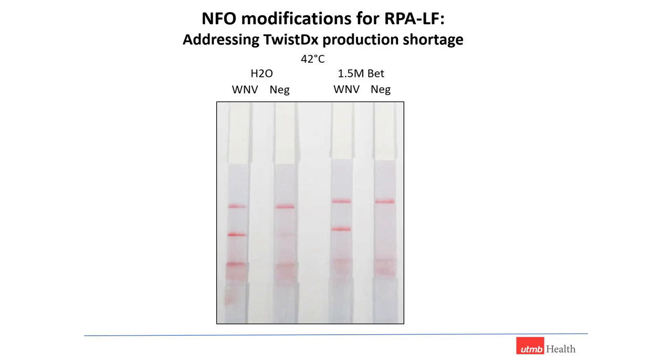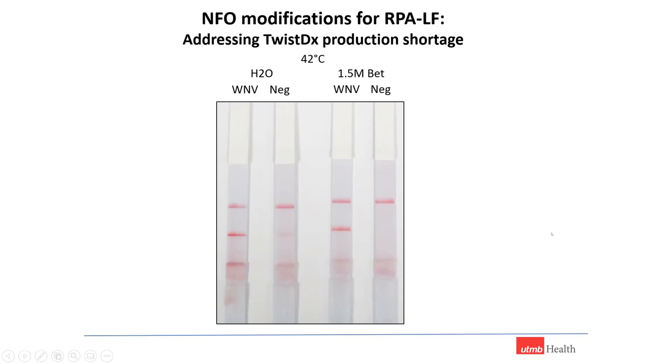One way we determined was using their basic kit and adding an NFO enzyme into it, with the hopes that would make a simplified assay. And luckily, that turns out to be the case.